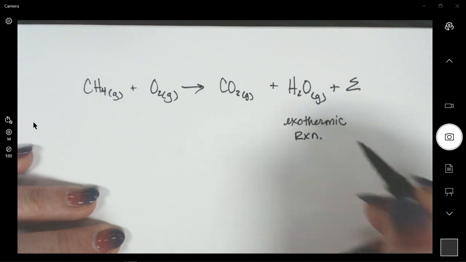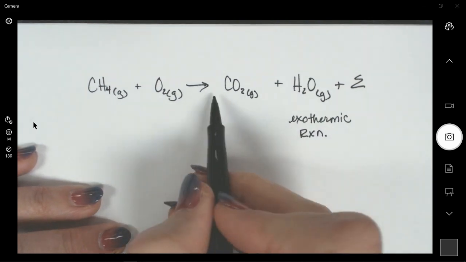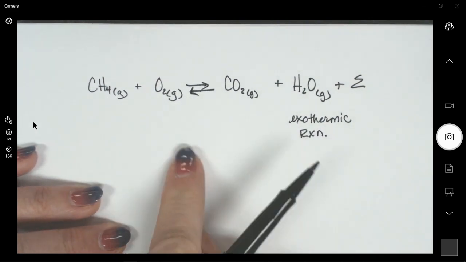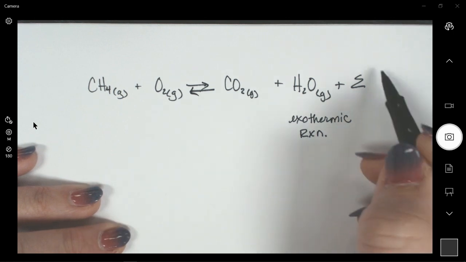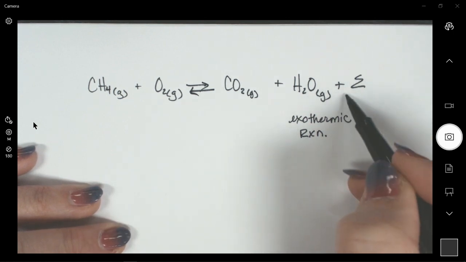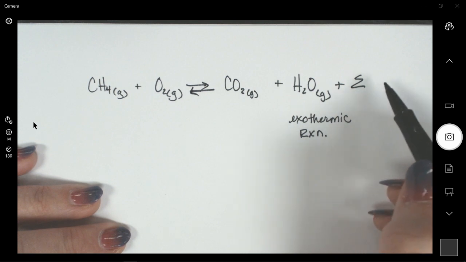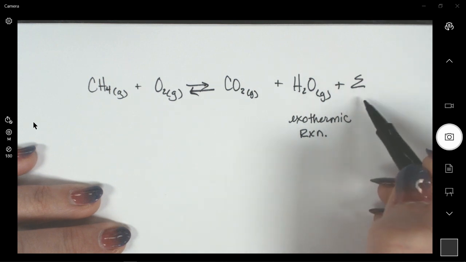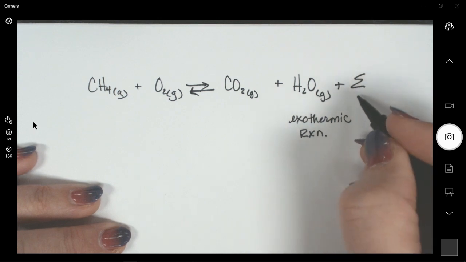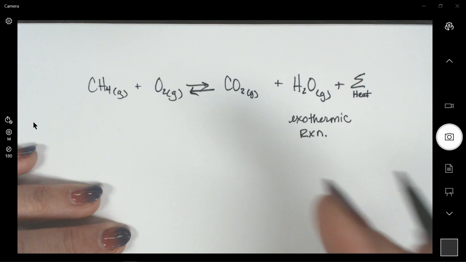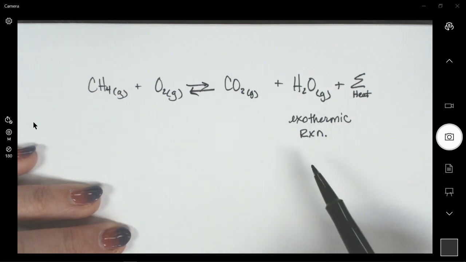Well, let's say at equilibrium, an exothermic reaction has heat, or energy, on the product side. This energy we see as heat. So I'm just going to write heat. Yeah, there's light and other stuff, but heat.